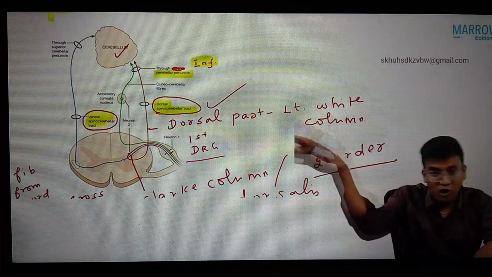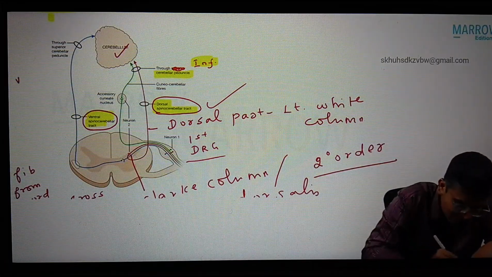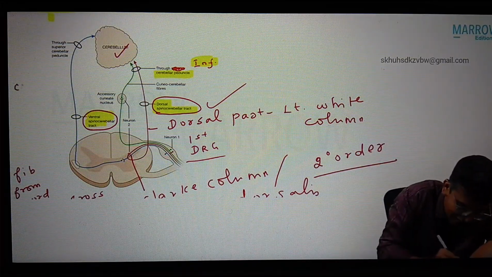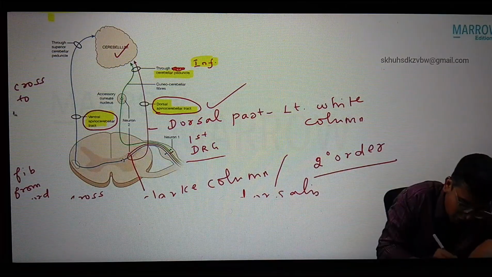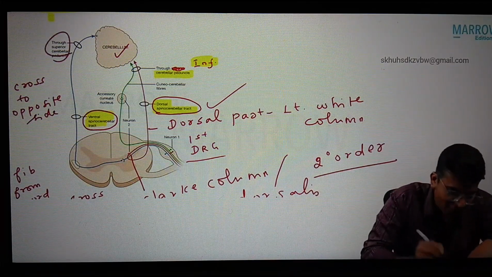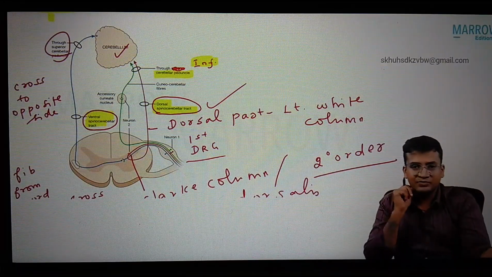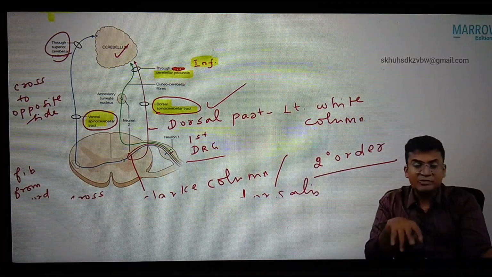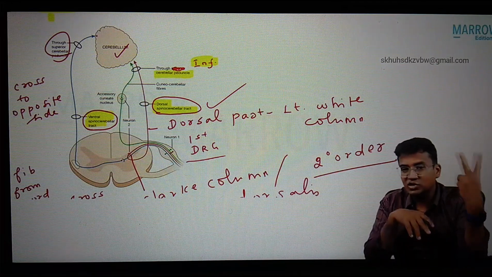Again, they cross to the opposite side and enter the cerebellum via the superior cerebellar peduncle. So our ventral spinocerebellar tract is crossing two times.